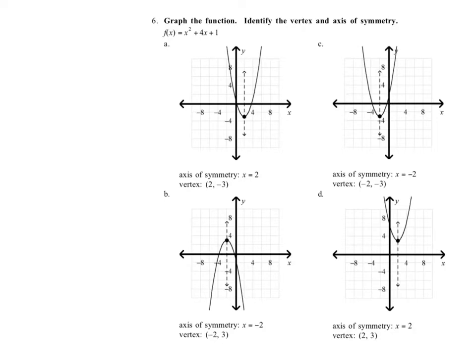I'm going to start out by giving you this really important equation, which is the equation for the axis of symmetry: x equals negative b over 2a, where y equals ax squared plus bx plus c is the form of the equation.